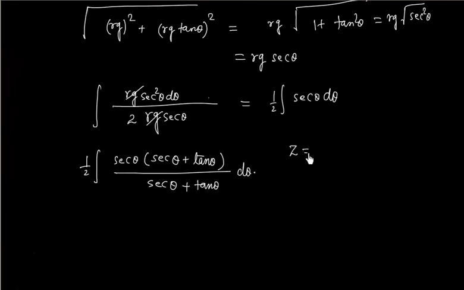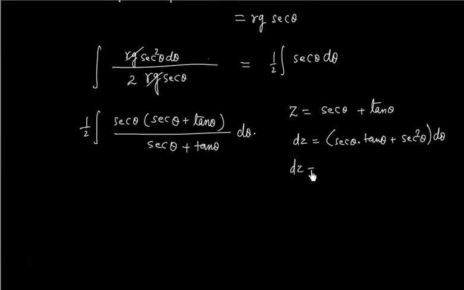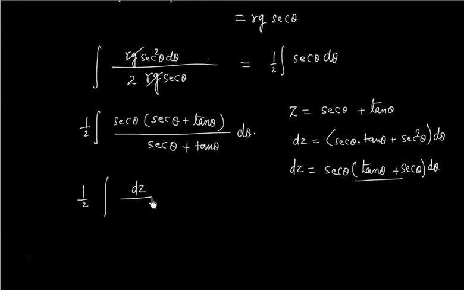Now see, if I put z is equal to sec theta plus tan theta, we will have dz is equal to sec theta tan theta plus sec square theta d theta. That is dz is equal to, if I take sec theta common, this in the numerator, so we will have 1 by 2, this is dz divided by z. So this is simply 1 by 2 log z.